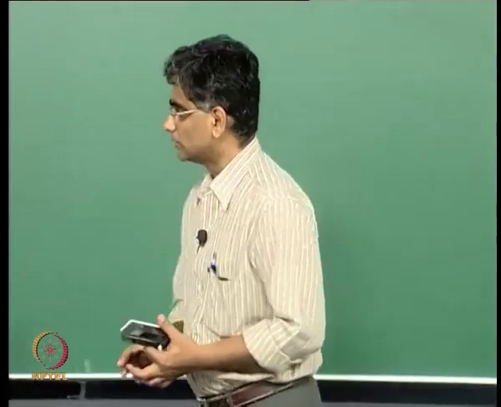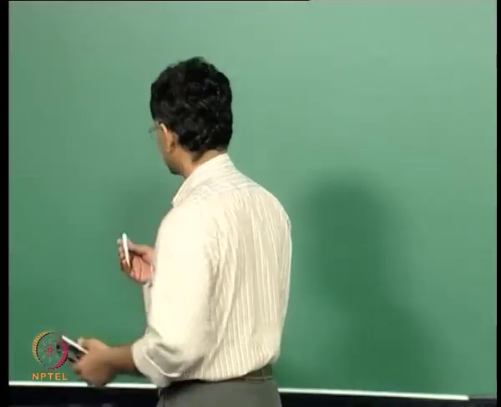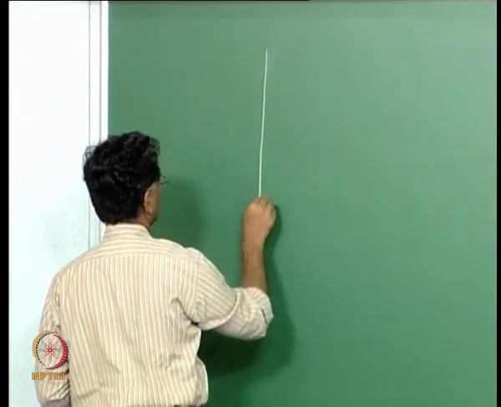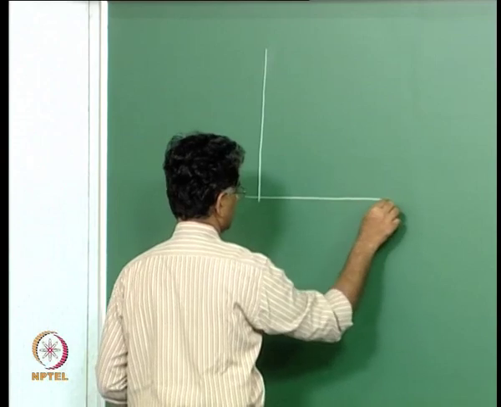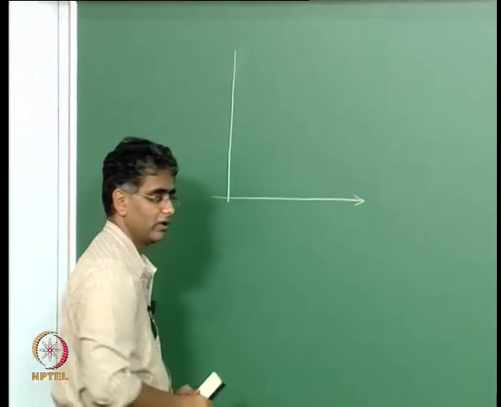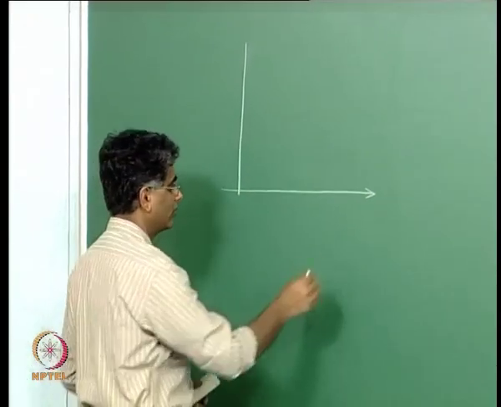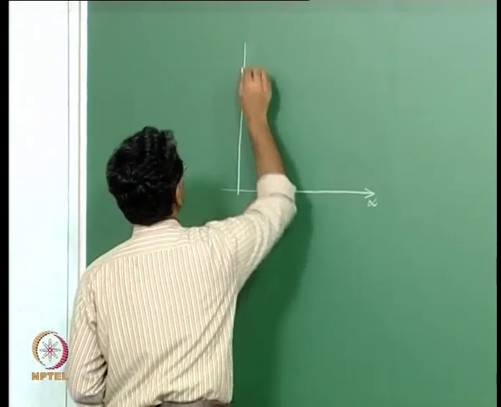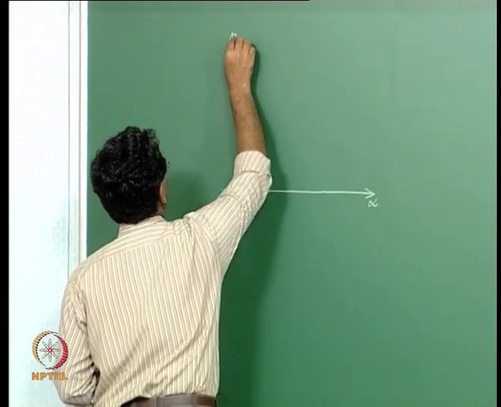So this induction machine description that we have seen and evolved until now consists of a description in the so called stationary reference frame, where you have the alpha axis and the beta axis.